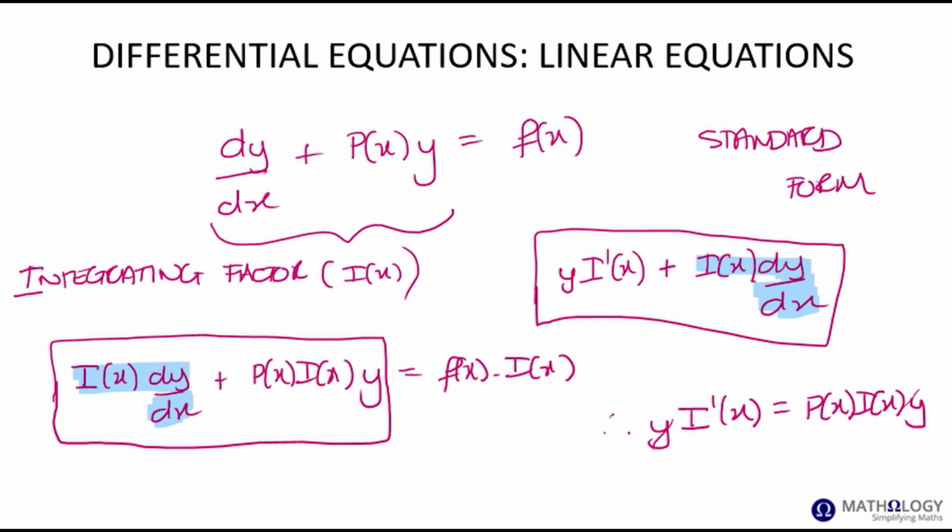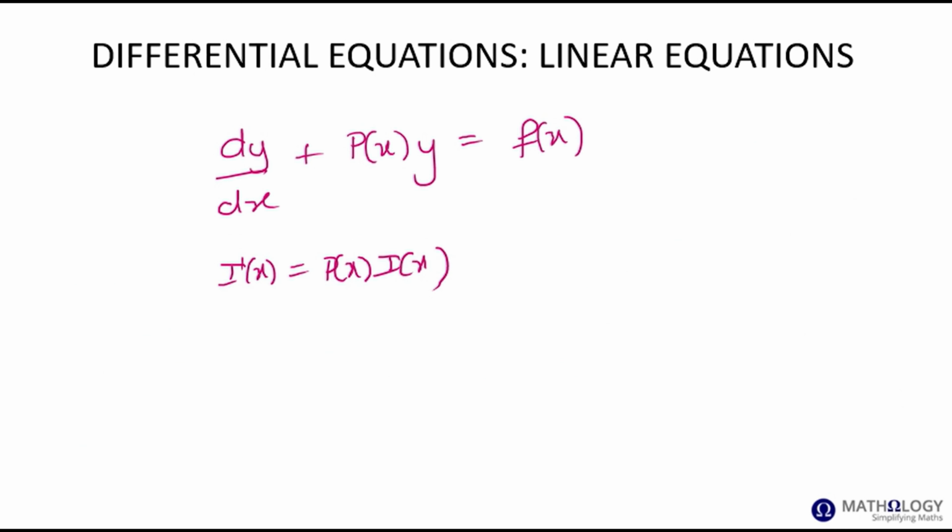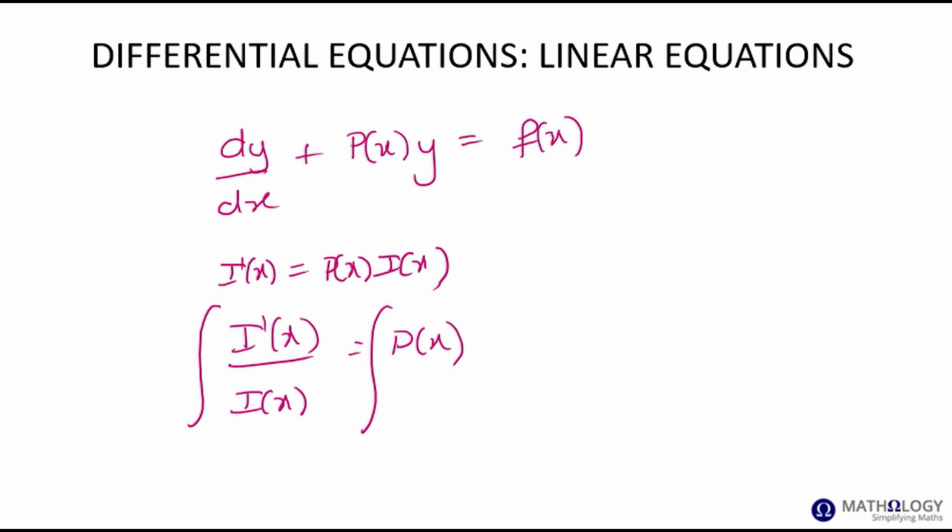The y's will cancel. So in other words, we have I prime of x equals p of x I of x. This is variable separable now, so we divide both sides by I of x. Now we integrate both sides with respect to x.